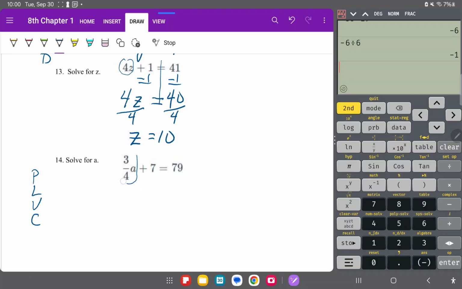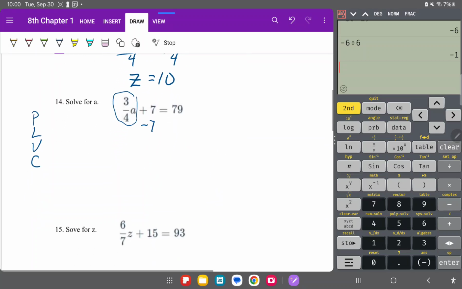So this is our constant, our variable term that we got to get alone. So we have to subtract this 7. All right, so we got to subtract that 7 from both sides. So over here, that cancels out. I'm left with the 3/4 a. Bring down your equals. And so subtracting right there, I get 72.